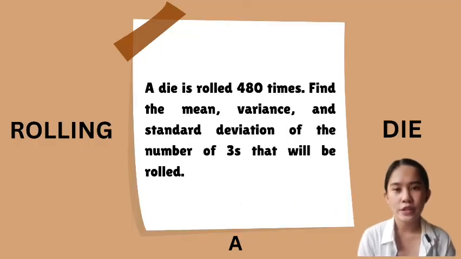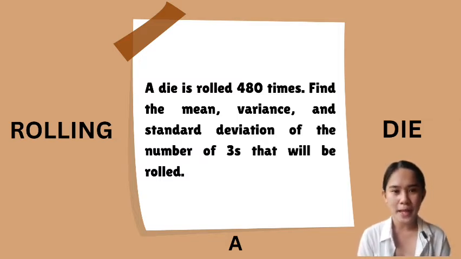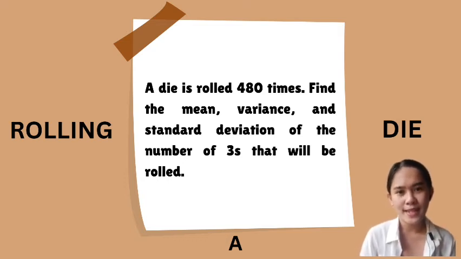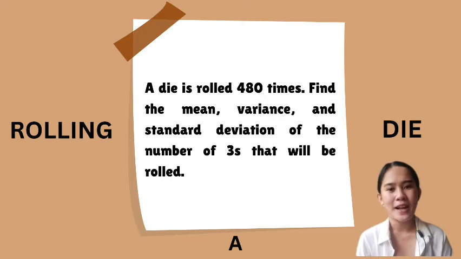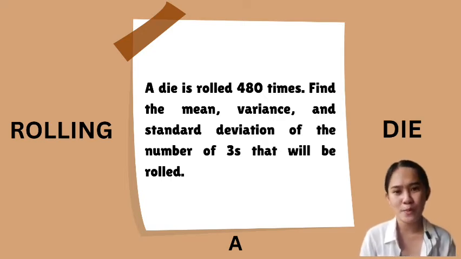Example, a die is rolled 480 times. Find the mean, variance, and standard deviation of the number of 3s that will be rolled. So from this example, is this an example of a binomial experiment? Is it a yes or no? So I believe this is a binomial experiment. Why?